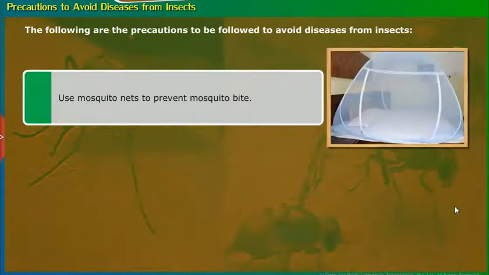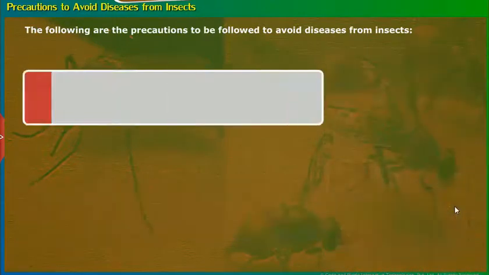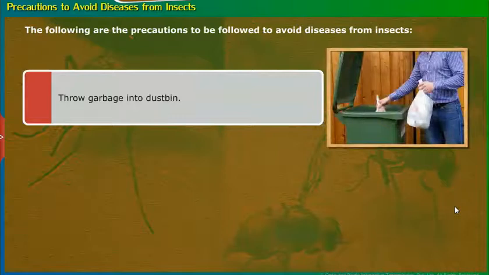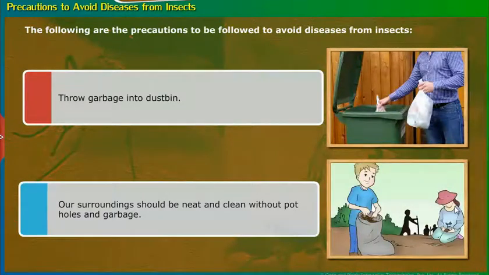Use mosquito nets to prevent mosquito bite. Even mosquito coils can be used to avoid mosquitoes. Throw garbage into dustbin. Our surroundings should be neat and clean without potholes and garbage.